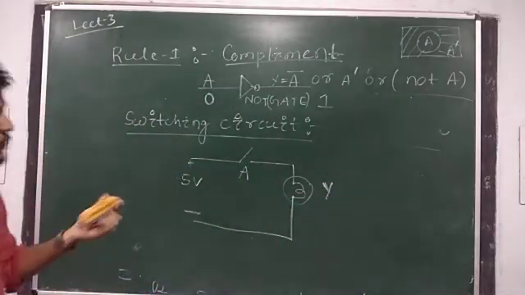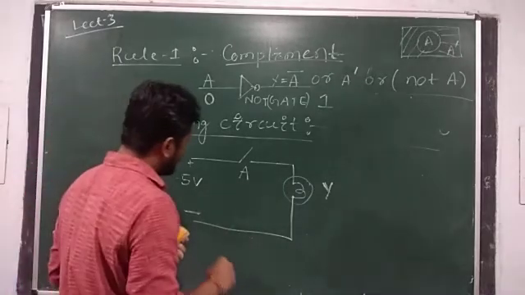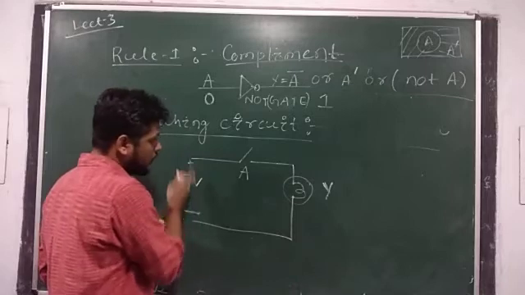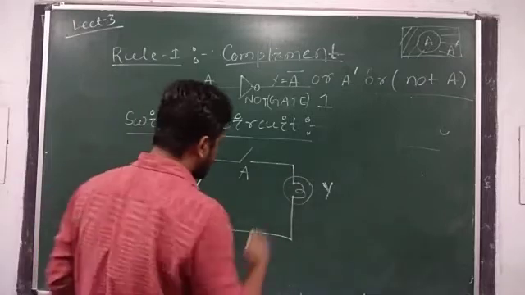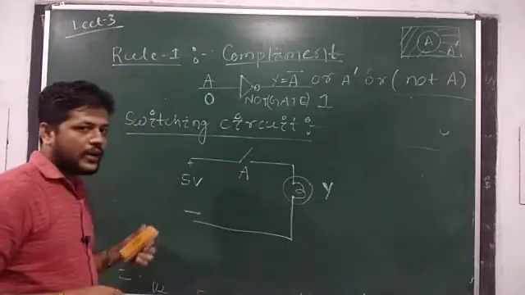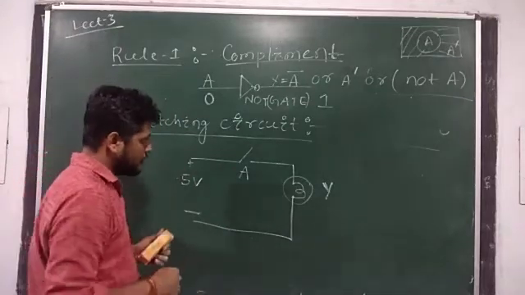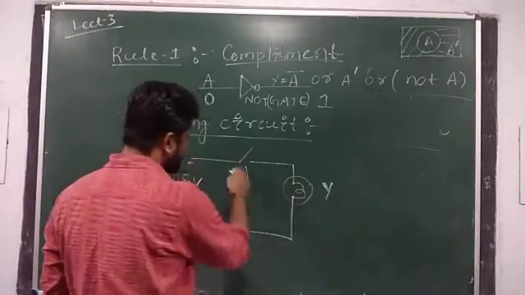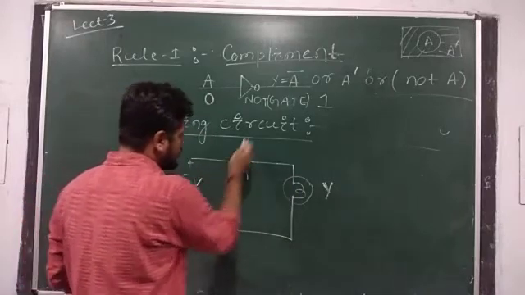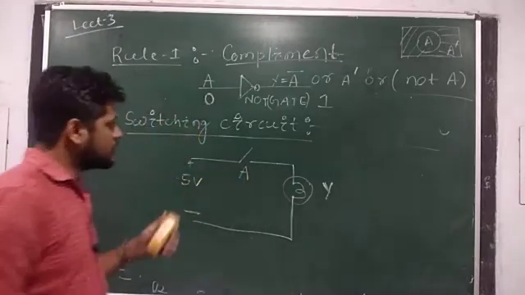So when will this bulb be on? Only when the current reaches from the source to the load, that is your bulb. The current will flow through this path only when the switch is closed, because both are connected in series. In series, current will flow only when this switch is on.